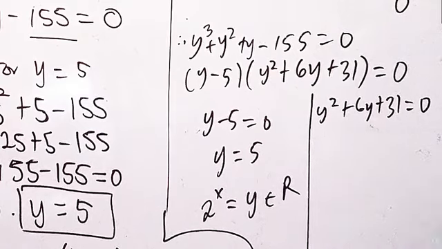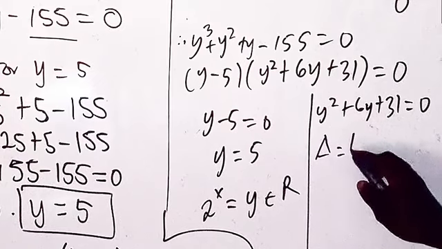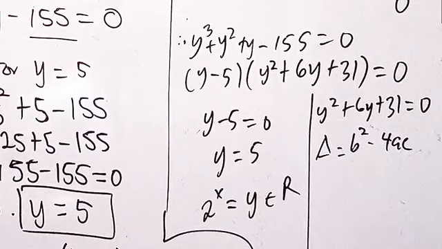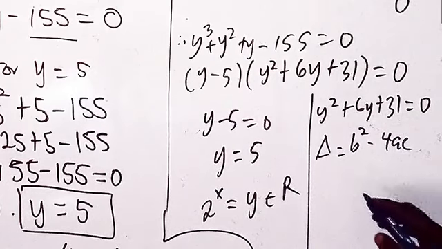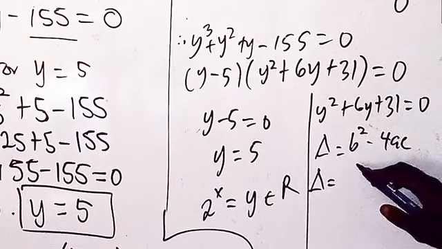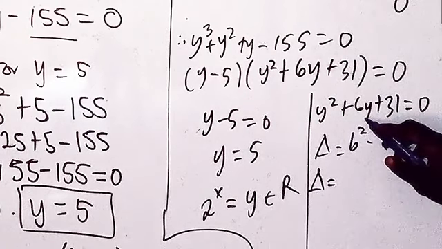So to get this, we can see that the discriminant is going to be b squared minus 4ac, to know whether we're going to have a real solution or not. So b squared, what is b? The coefficient of y is b.